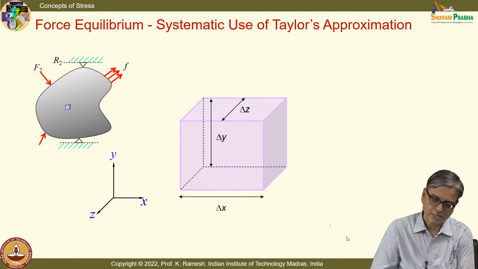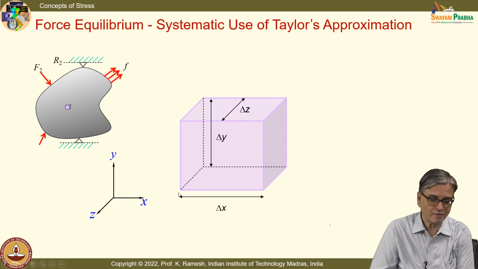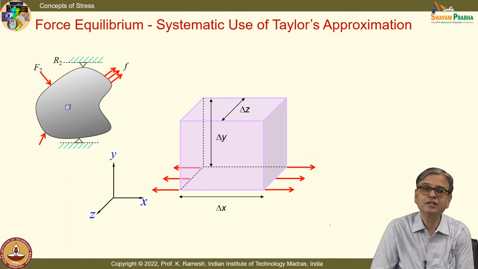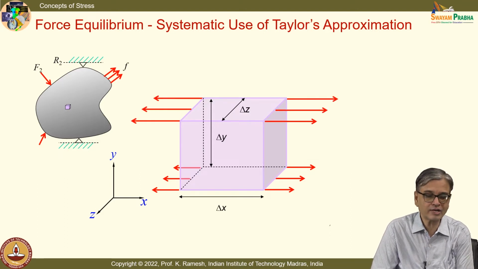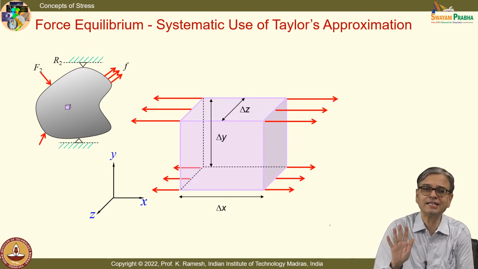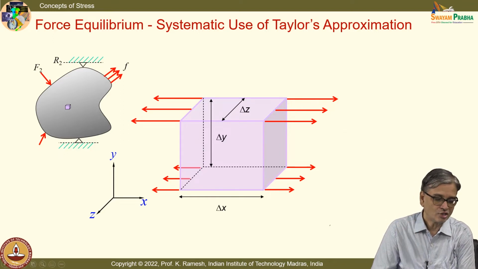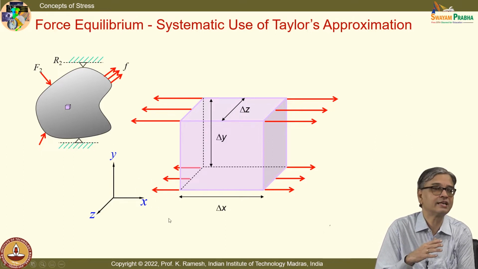Fine. So what I am going to show is, let us start from a negative face. On the negative face, let me say that I have a quantity and this is varying in the x direction. For simplicity, we will also look at it varying in the y direction. We will postpone the z variation for the time being. Fine. So can I take on this surface, what is the force that is acting?